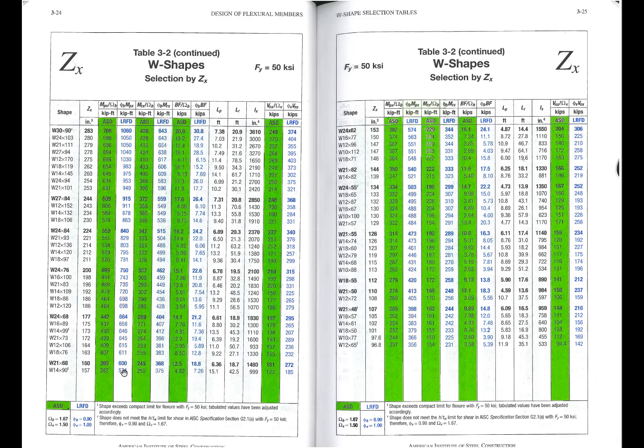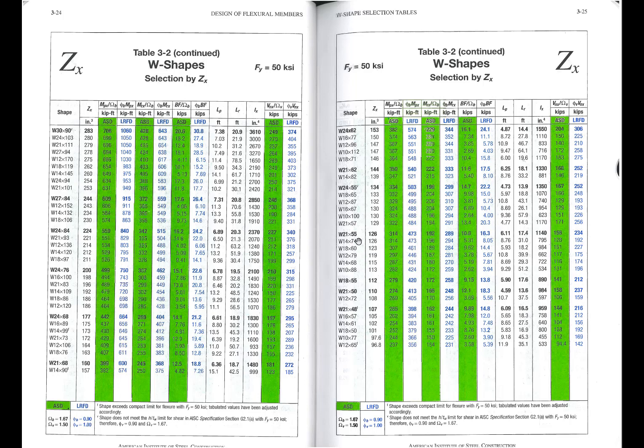It's starting to get to the range we're interested in. And we come over here and we notice that a W12x79 has a moment capacity of 446 kip feet, which is more than the 444 we need.